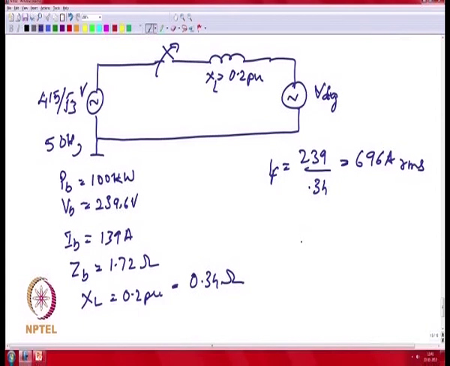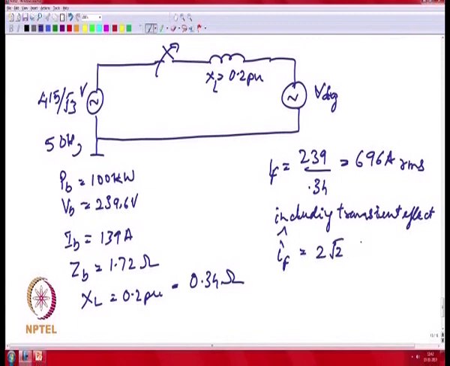So, if you are taking the peak of the sinusoid, you get a factor of square root of 2, including transient effects. Due to large X by R ratios, your peak fault current can be about twice square root of 2 times 696.